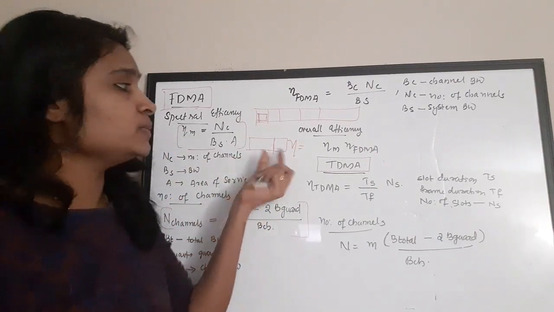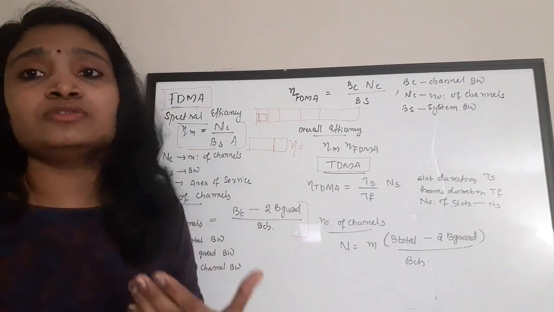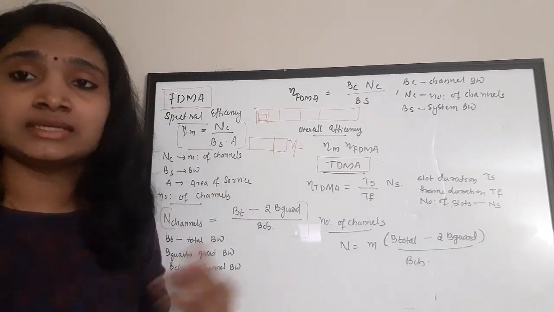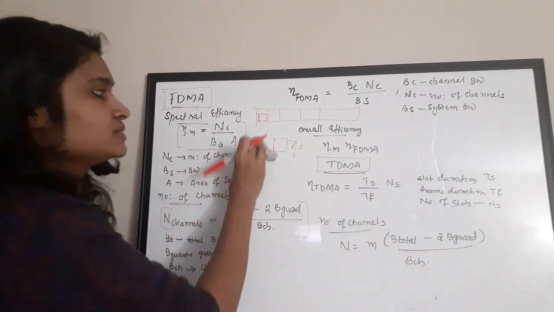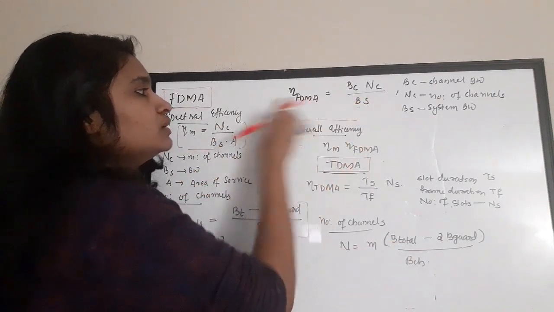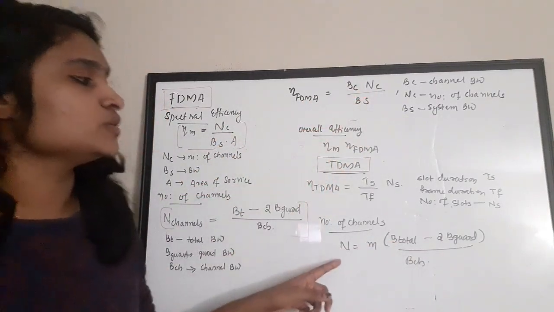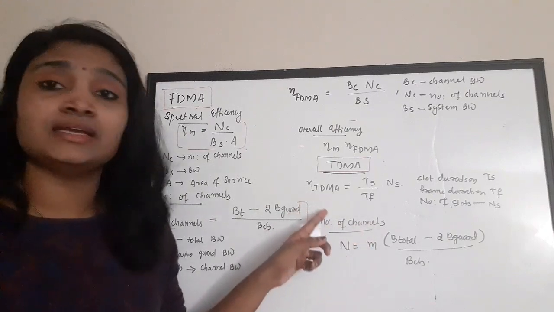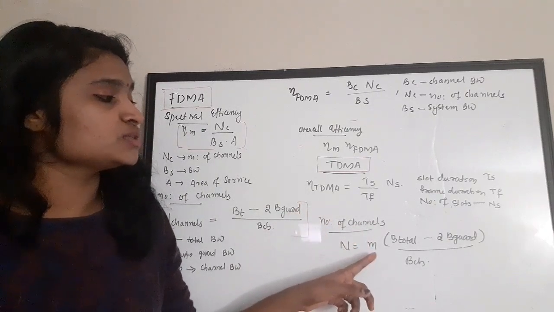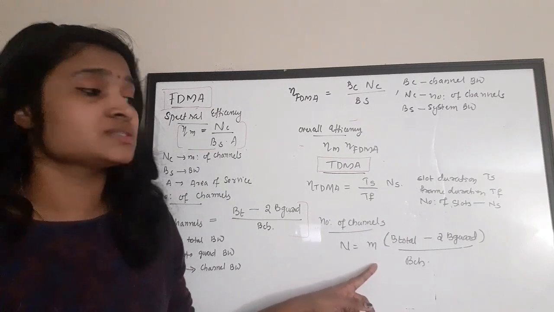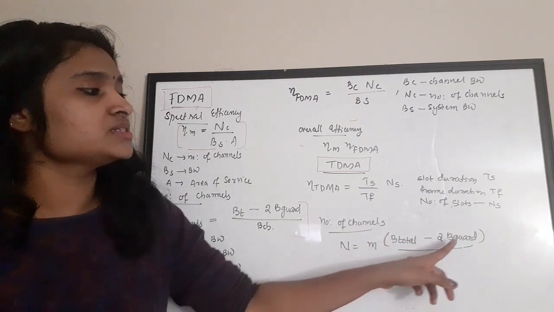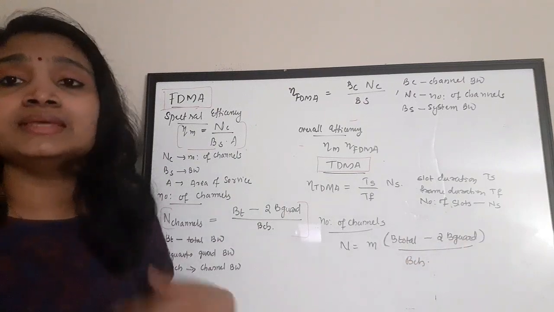So some bandwidth is actually allocated for sending guard bits. So that is the concept. Okay, now I'll explain the equation once again. The number of channels for a TDMA based system is N equal to M, where M is the maximum number of users allowed, into B total minus 2 B guard by BCH.